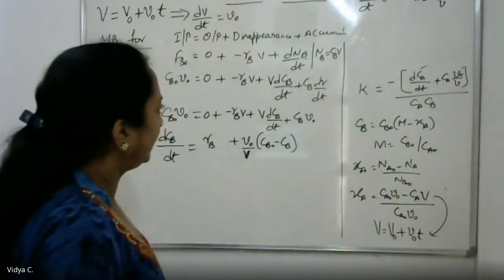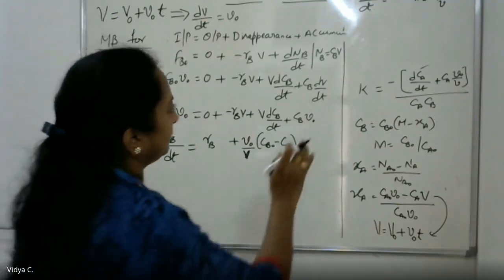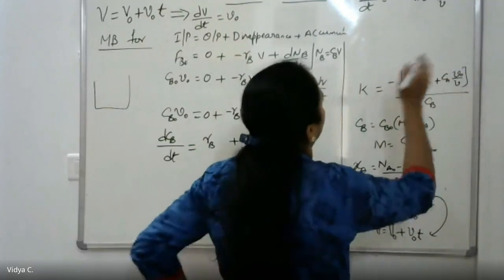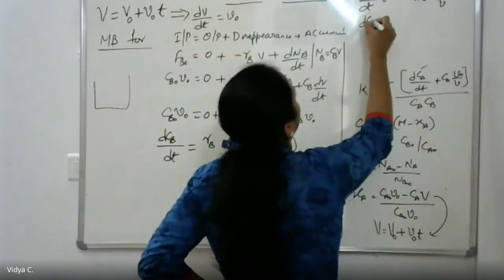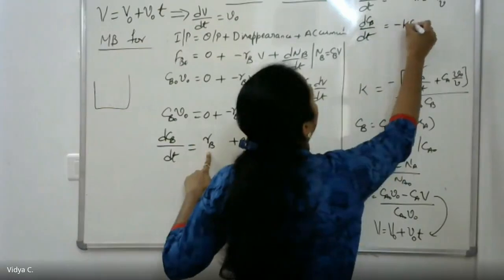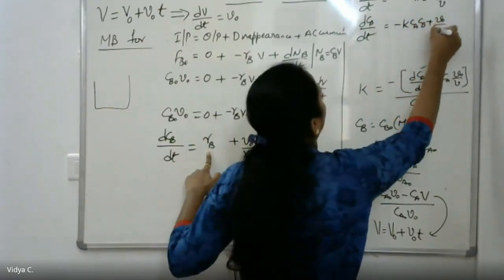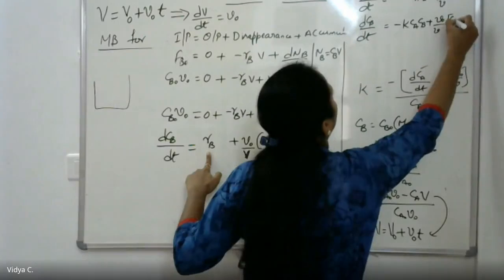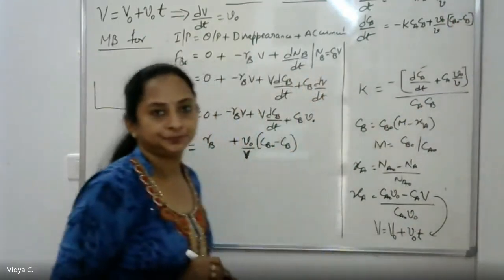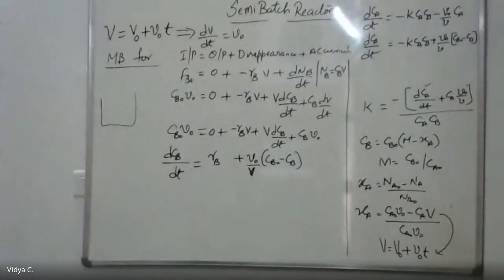This is what I had got, right? Hope I'm clear. KCA CB is equal to C into V naught by V. Okay, correct. Now dCB by dt, RB can also be written as minus RA, which is KCA CB, plus V naught by V into CB naught minus CB. This is how we will be consolidating the equations.